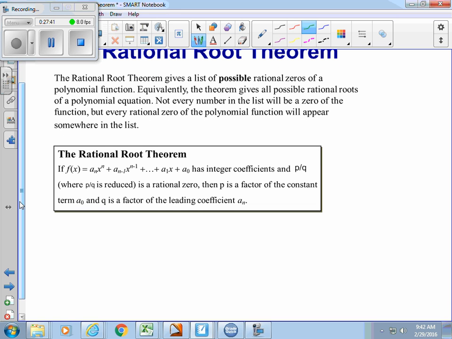If f of x is this thing here, and it has integer coefficients, so integer coefficients are whole numbers, and p divided by q is a rational 0, then p has to be a factor of the constant and q has to be a factor of the leading coefficient.